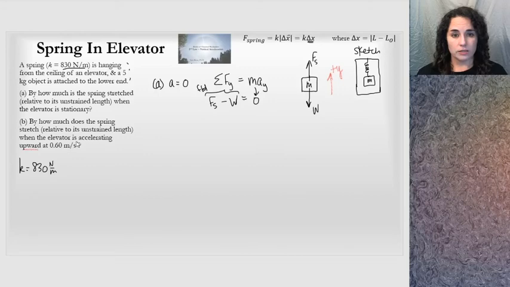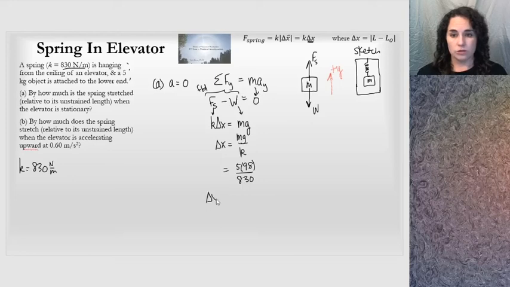And I'm asked to find the displacement. So let's write out some of the details of these quantities. If I move weight over to the other side and say it equals mg, I can get this equality, and I'll solve for delta x equals mg divided by k. Oh, well, I can calculate this. m is 5, g is 9.8, and k is 830.